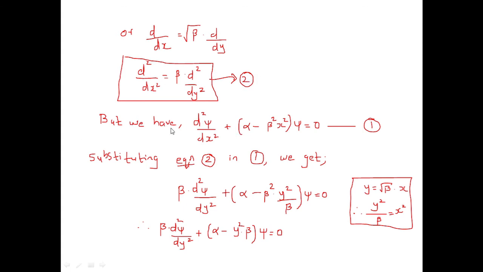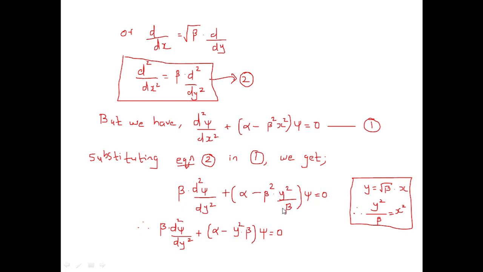We already have this equation, that is d square psi by dx squared plus (alpha minus beta square x squared) of psi is equal to 0. We have labeled this as equation number 1. And now we have to change the variable of equation 1 from x to y. For that, we will plug equation 2 into equation 1 and we will get beta into d square psi by dy squared plus (alpha minus beta squared into y squared by beta) of psi is equal to 0.